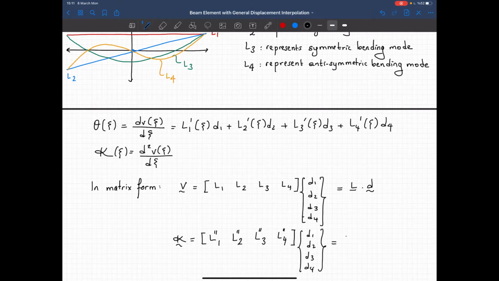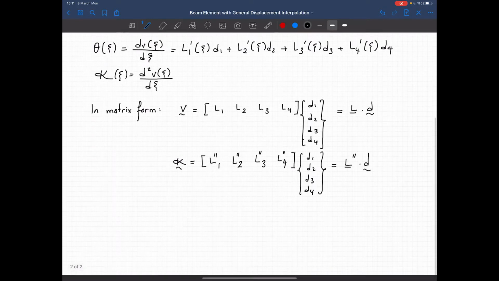So that's equal to L double prime D. That's my kind of B matrix, because these here don't represent the displacements, right? They are not nodal displacements, but that's a general interpolation.